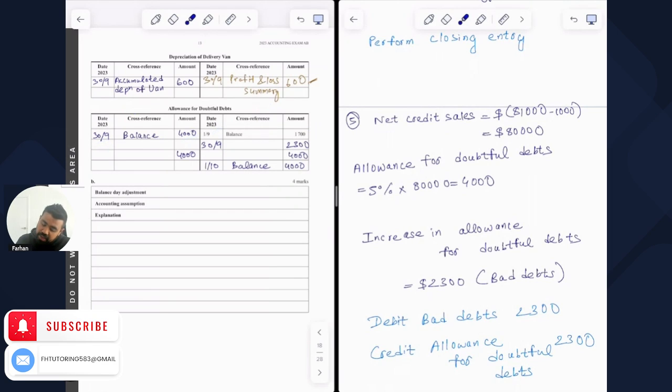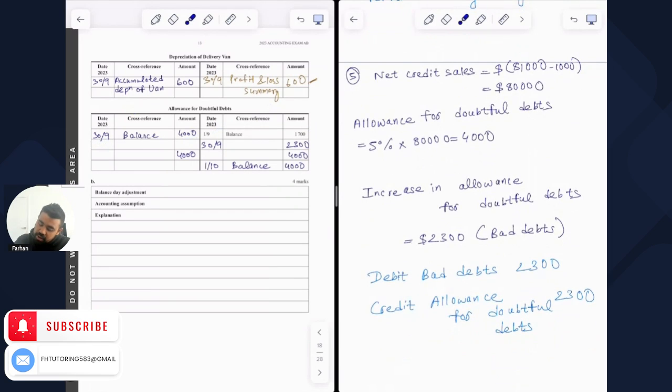So we understand that during the month, we had an increase in allowance for doubtful debts of 2,300, which was simply calculated from the difference between 4,000 and 1,700, right? And this 2,300, the increase in allowance for doubtful debts, is mainly the bad debts we have expensed during this month.